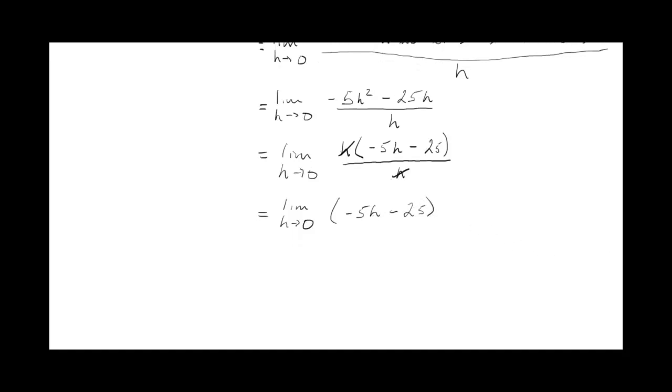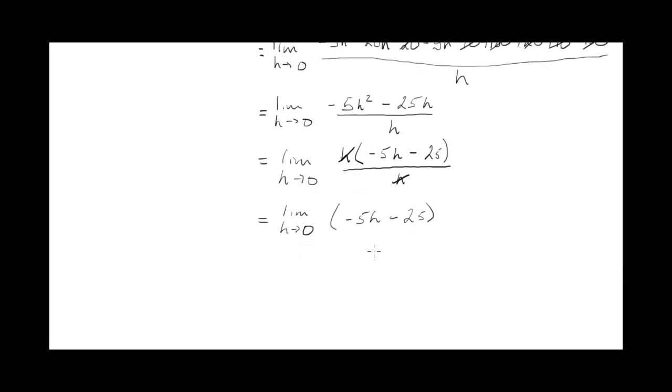So now that it's just the limit of a polynomial, you can do direct substitution. So this would become minus 5 times 0. Direct substitution, you just substitute the limiting value into the polynomial. Minus 25, and this is just minus 25. So that is the rate of change. That's the velocity at 2 seconds, the instantaneous rate of change.